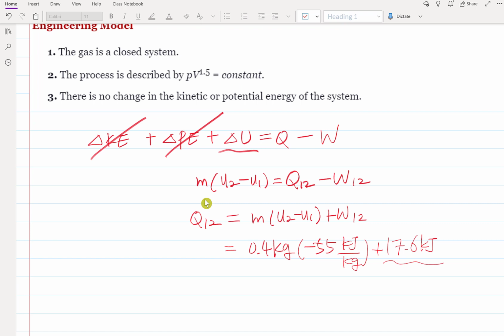So the positive work indicates the work is done by the system, which is an expansion process. So Q is calculated to be negative 4.4 kilojoule. The minus sign for Q means the net amount of heat is transferred from the system to its surroundings.